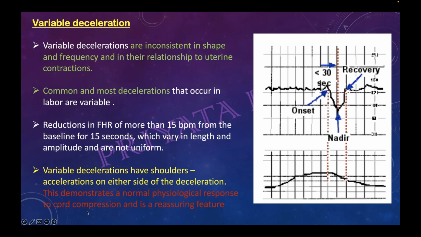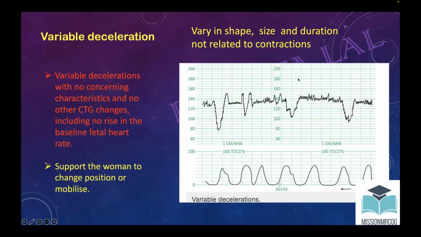These are variable decelerations. Now these are the contractions, and there is no relation; decelerations are coming and going on their own. Apart from this, I would like to show you a few things.